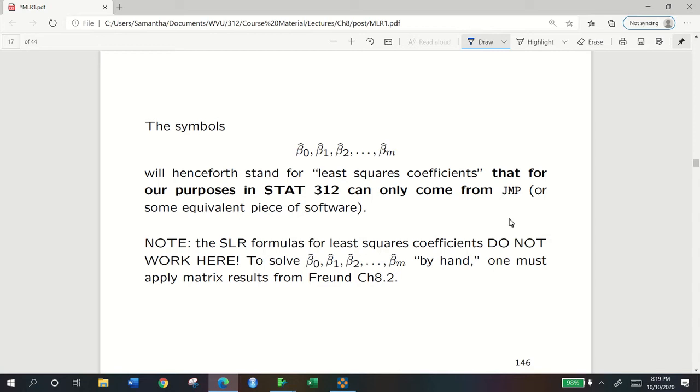So for us, our least squares coefficients, beta naught hat, beta 1 hat, beta 2 hat, all the way to beta m hat, we aren't going to be able to calculate them directly. We have to only observe them through JMP. It is very important to understand that a lot of our simple linear regression knowledge does extend, but the formulas we used do not.